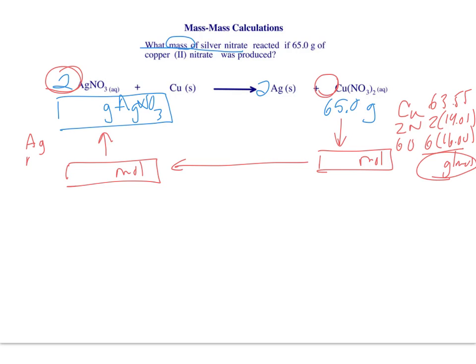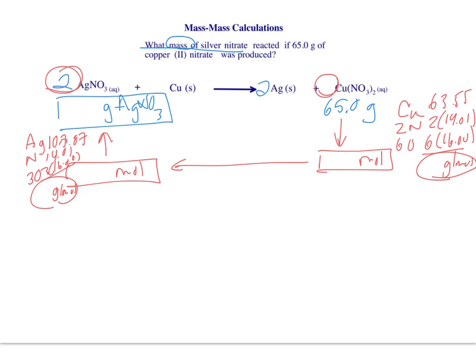You've got the Ag, you've got the N, you've got 3 O's. You would go look up those molar masses on the periodic table and find 107.87 and 14.01 and 3 times 16, and add that up, and that'll give you the molar mass for silver nitrate.